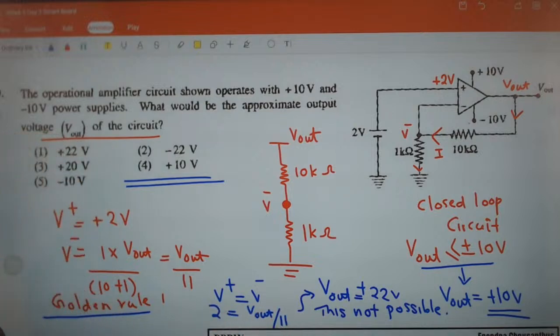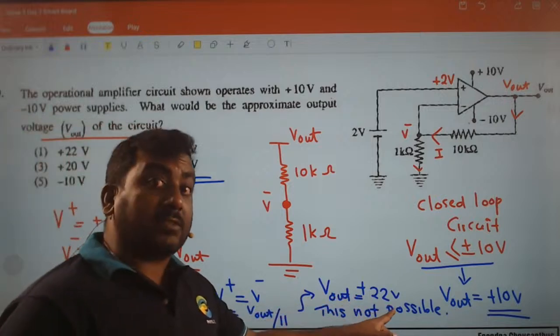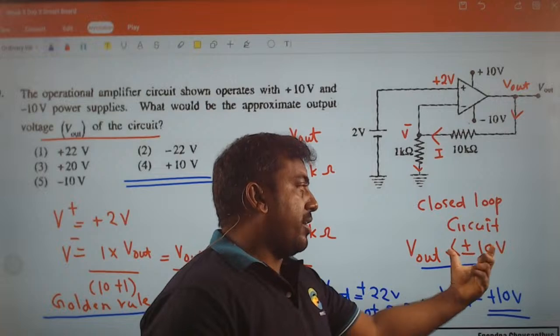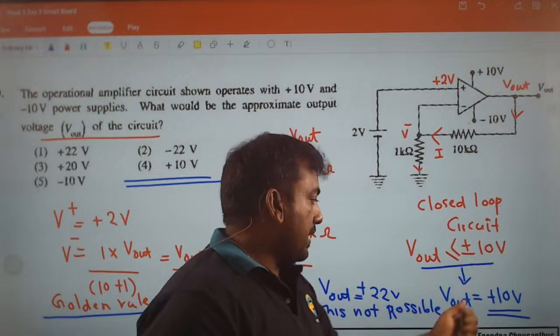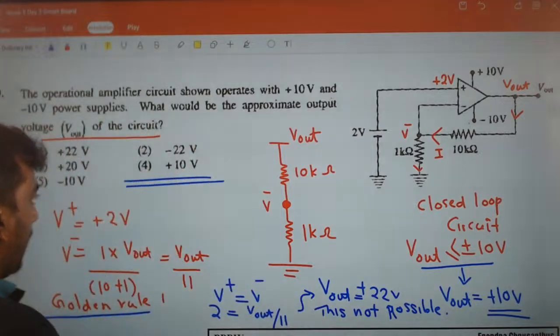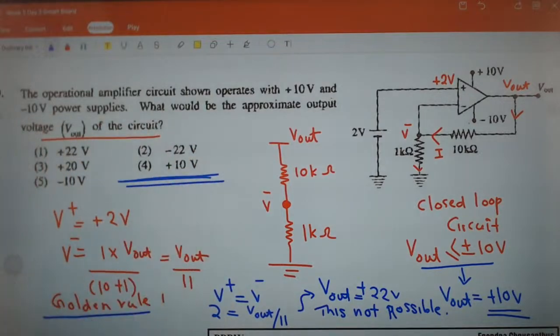Cross multiply, output is plus 22. Output is always less than or equal to the supply. Here positive means the positive supply. So the answer is answer number 4.